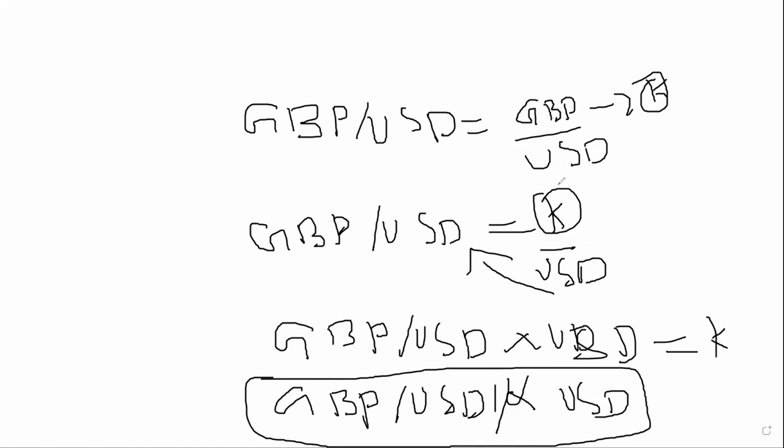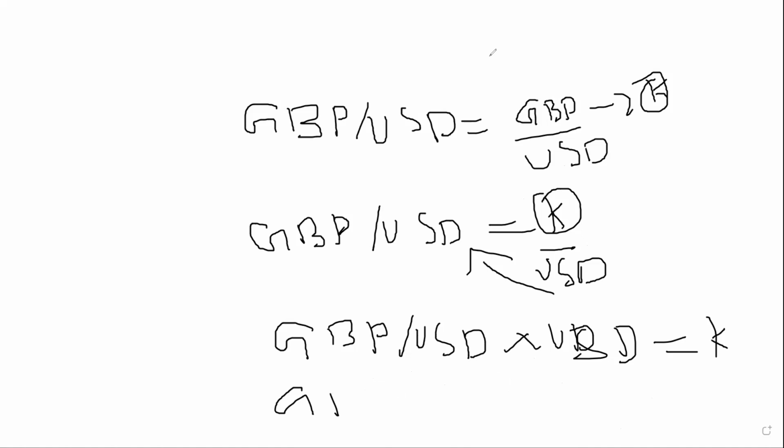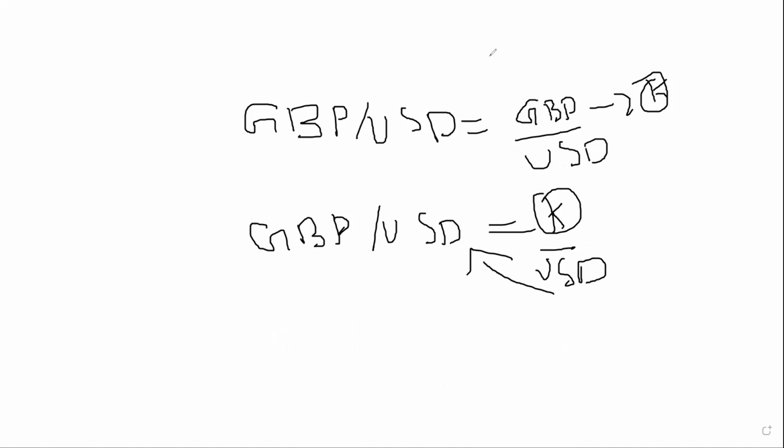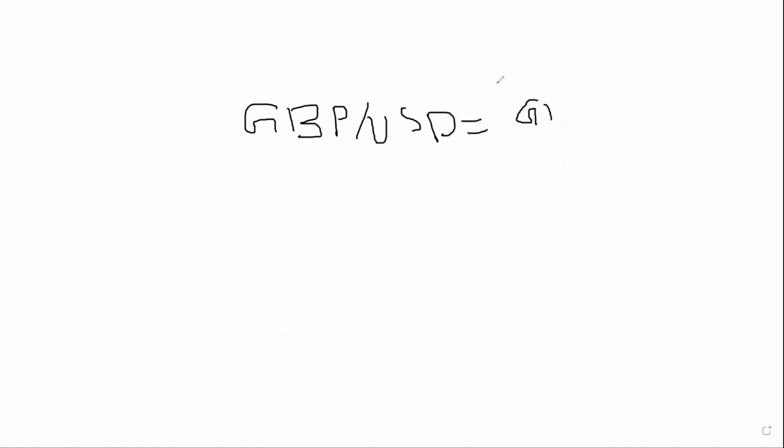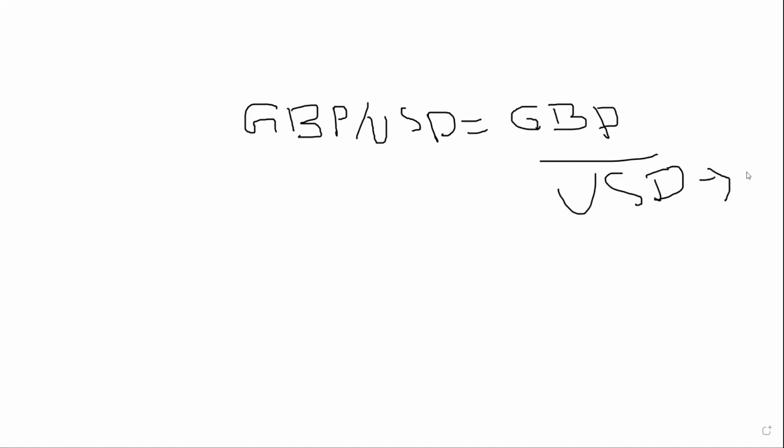So if we have, let's suppose, now in terms of GBP divided by US dollar, obviously now we have to keep this K as a constant.